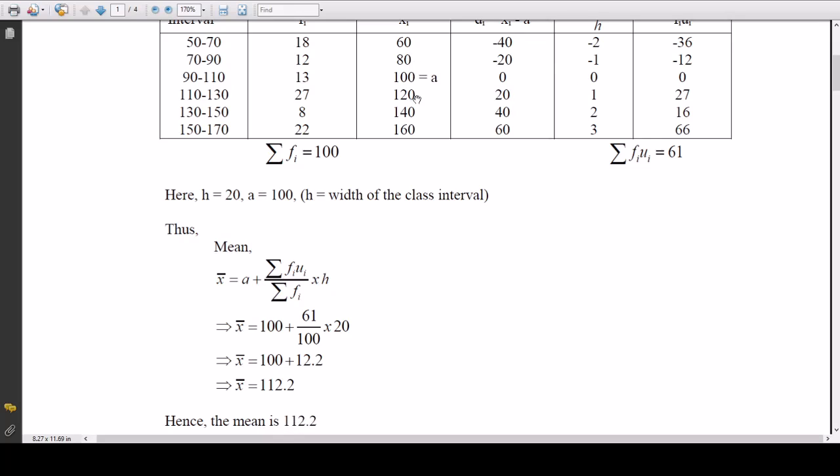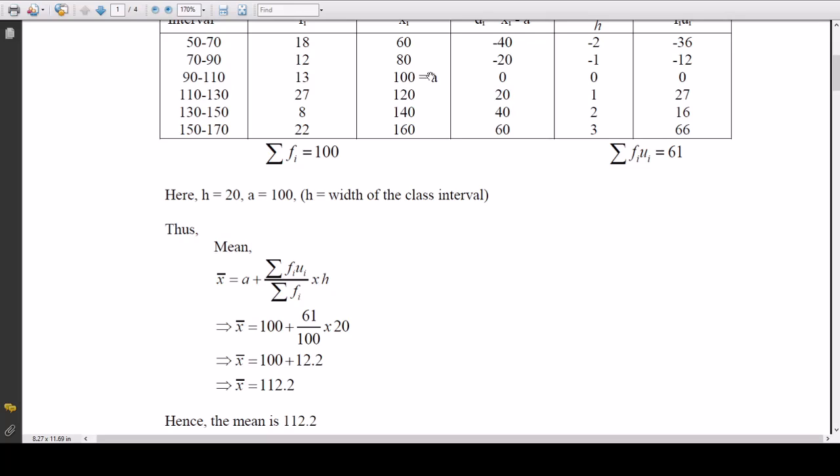If you choose from here, 80 is very less compared to 112, 120 is a bit more than this, but 100 is more or less nearer to this.